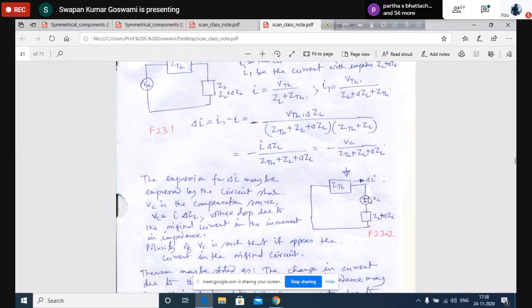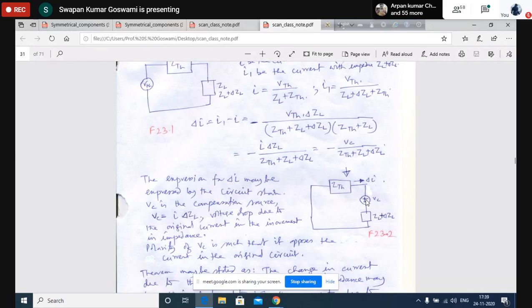We are putting the source in such a way that here it is minus VC. Why minus? Here it was minus I into ZL. That means the change in current is in such a direction that the current that was flowing in the circuit initially will be opposed. So the polarity of the source has to be placed in such a way that the current that was flowing through the circuit will be opposed.